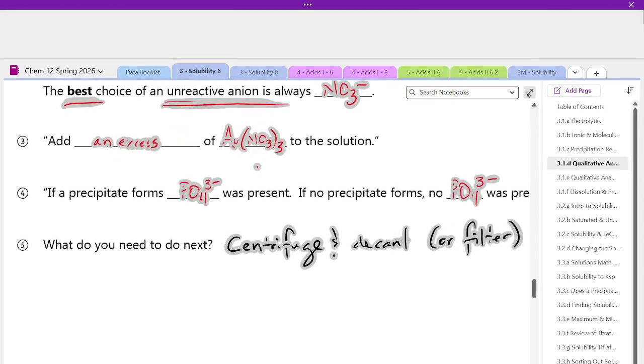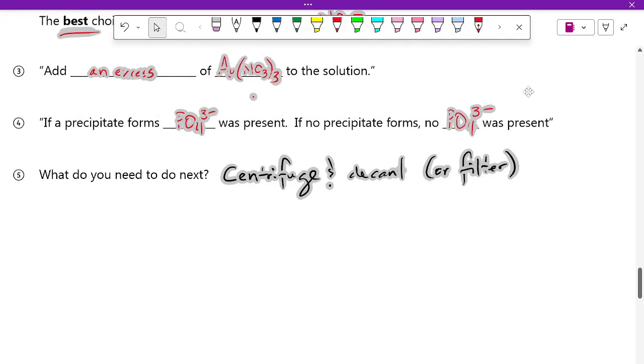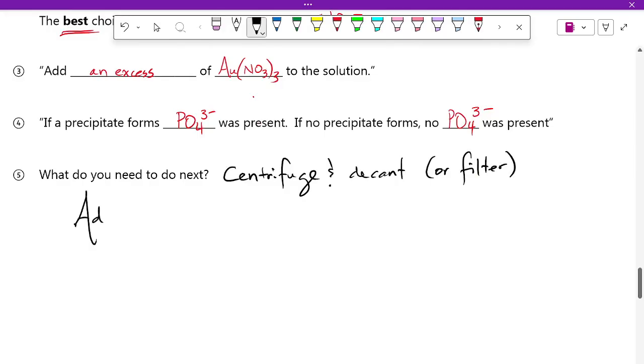What do we write? Add an excess of calcium nitrate, Ca(NO3)2.